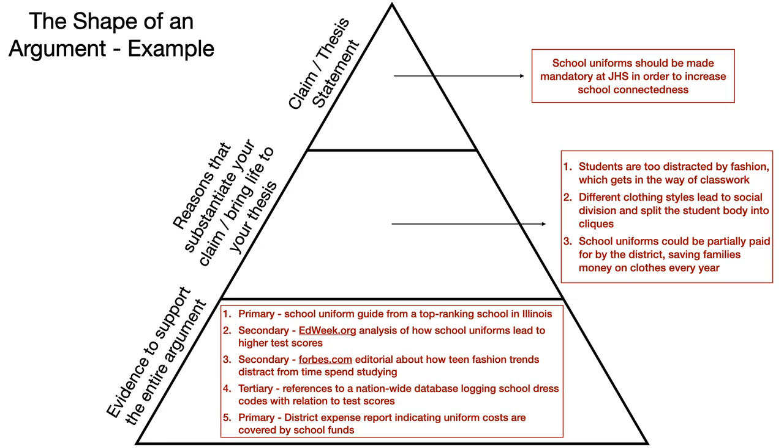Notice how all of the corresponding pieces of evidence from valid and vetted sources directly support each reason that I've provided, which in turn supports my claim or the thesis at the top. That's why the evidence that supports your argument is, without a doubt, one of the most important elements of a proper argument, because if your evidence is not intact, your reasoning cannot be formed, and therefore your claim or your thesis statement is in jeopardy.